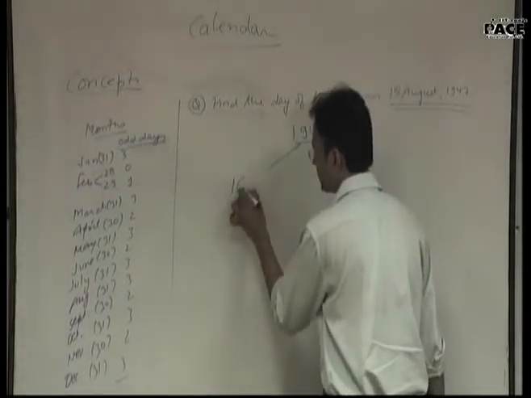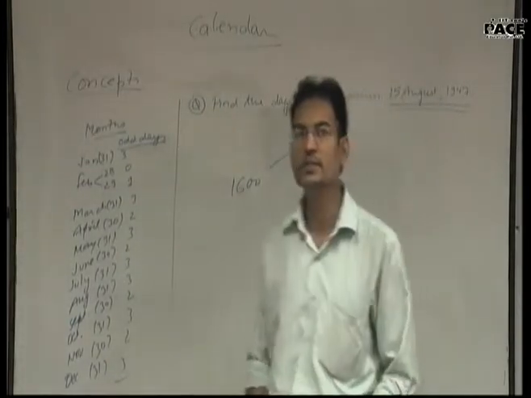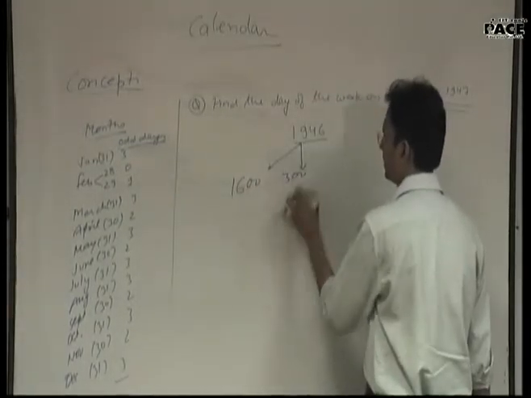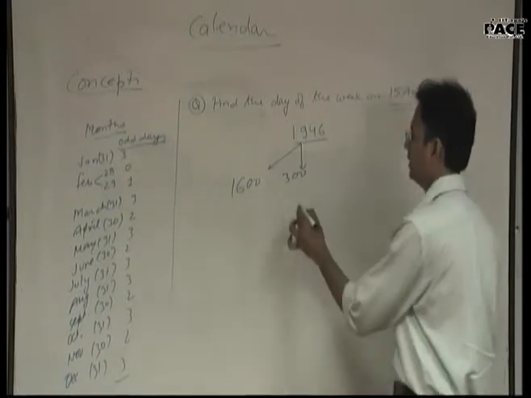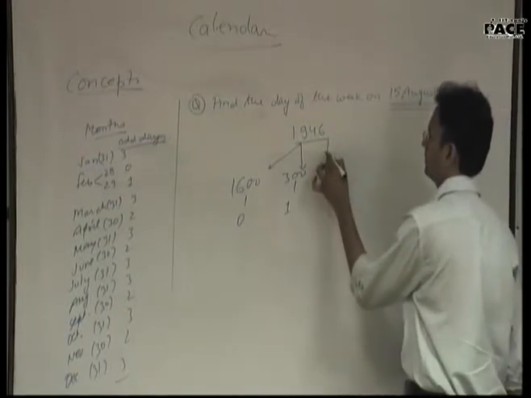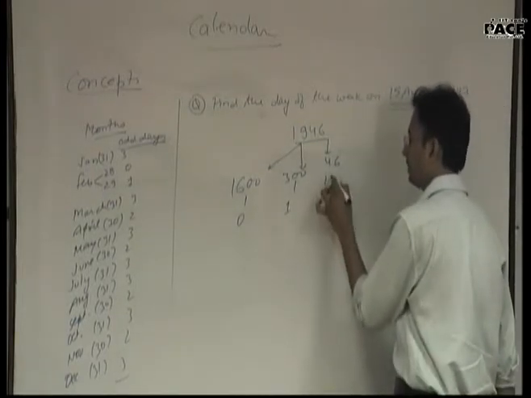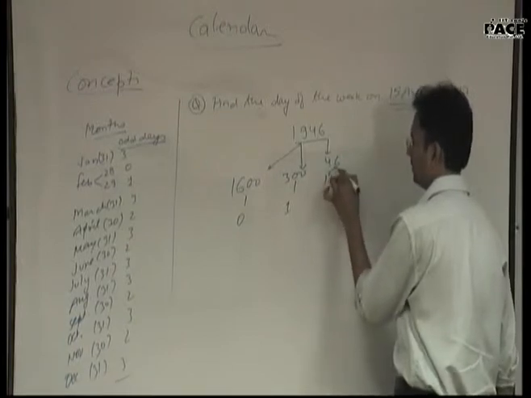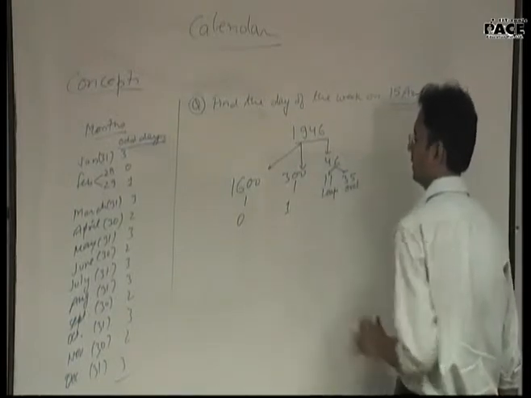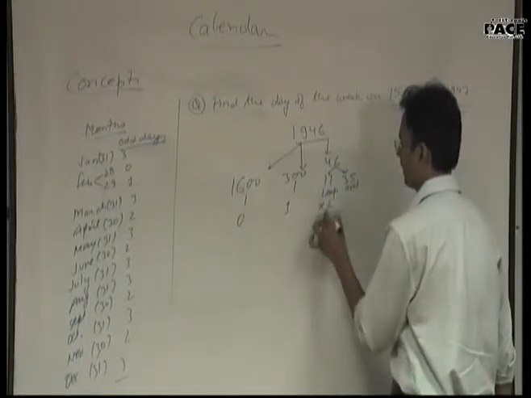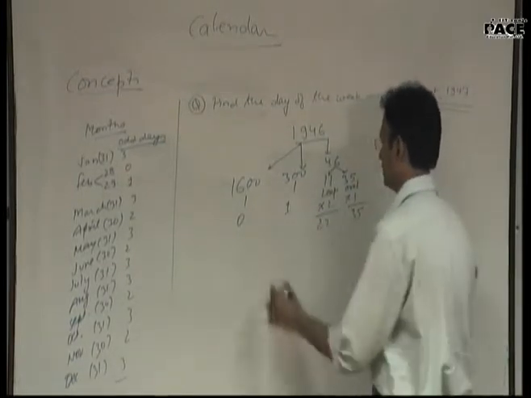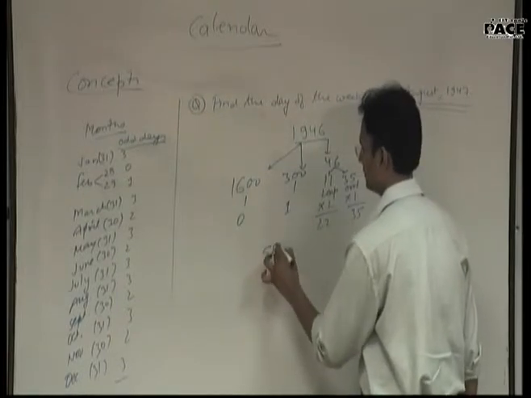The multiple of 400 nearest is 1600, which will give us 0 odd days. Then 300 years, we just calculated 1 odd day. Now 46 years: 11 leap years and 35 ordinary years. Every leap year has 2 odd days, every ordinary year 1 odd day, so the sum is 58.